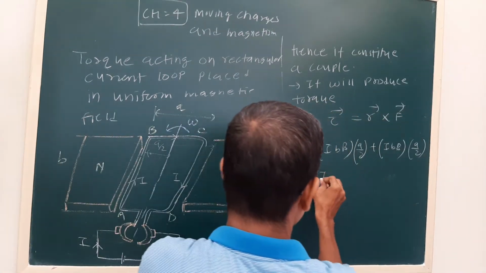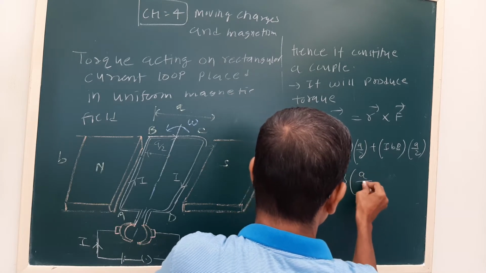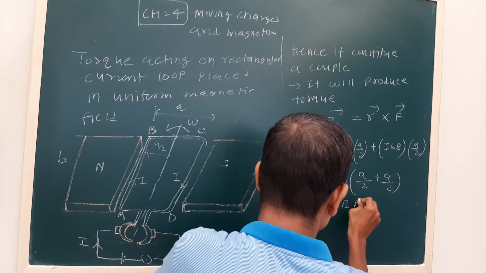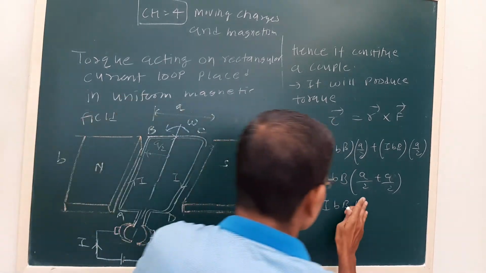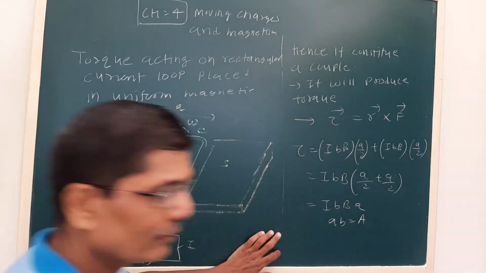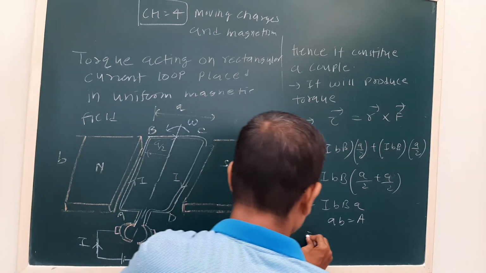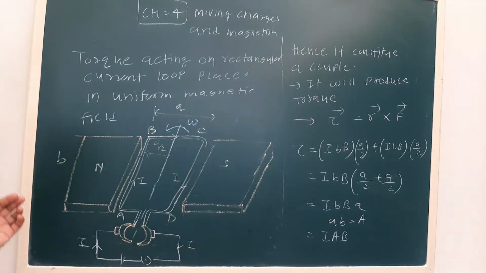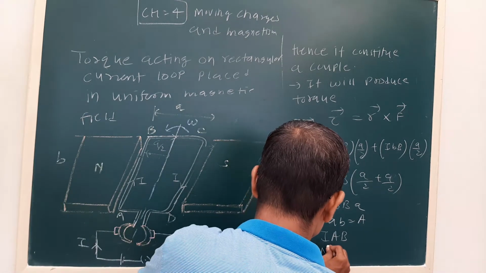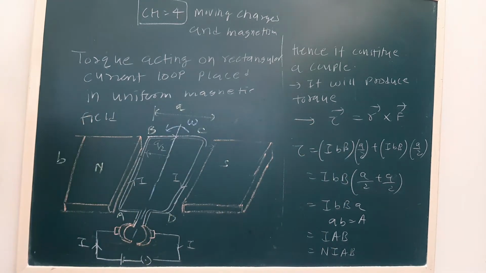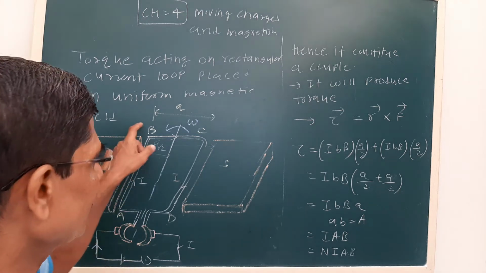So it is IBb times (a/2 + a/2), that is a. Now ab is nothing but the area of the rectangular loop, so we can write IAB. If there are n turns, it will be nIAB. That is the magnitude of the torque produced by the forces acting on AB and CD.